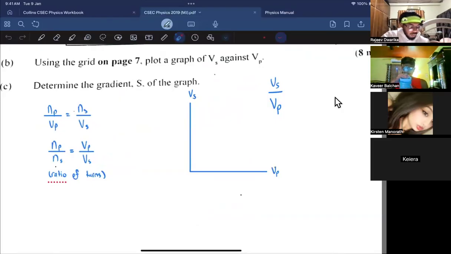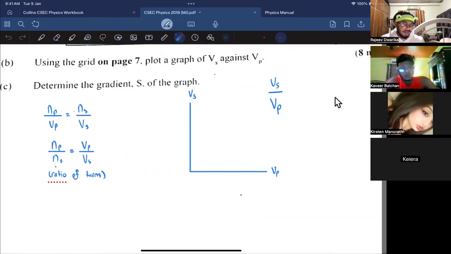Justin, when we do this, we'll be finding 1 over the ratio of turns, because we are saying that the ratio of turns is Vs over Vp. You're comparing the secondary to the primary. If the secondary has more windings, step up or step down?